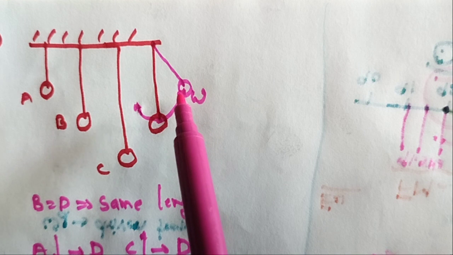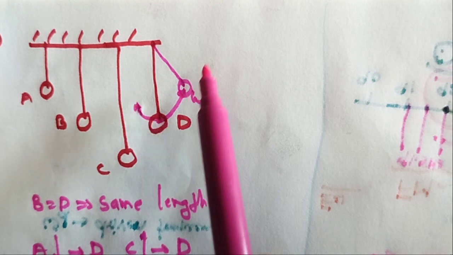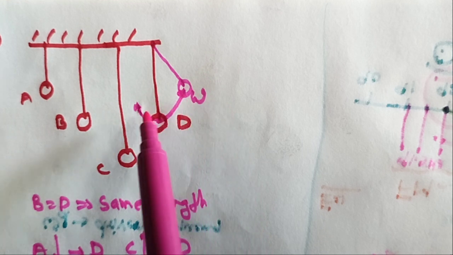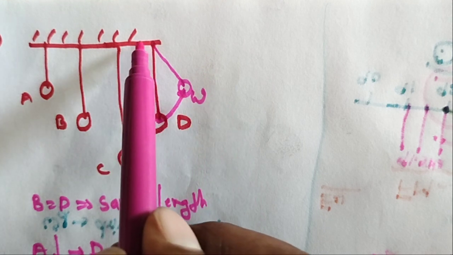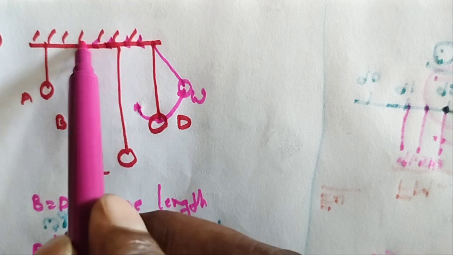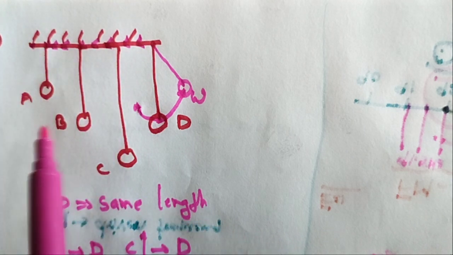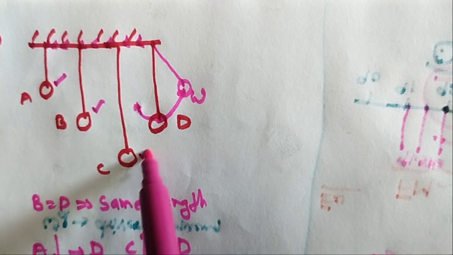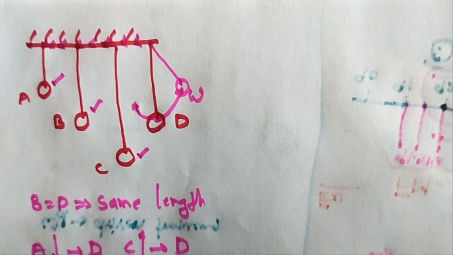It is released. What happens? It oscillates at its natural frequency. Due to the natural frequency, through this rubber cord, its energy will be transferred automatically. A oscillates, B oscillates, C oscillates.